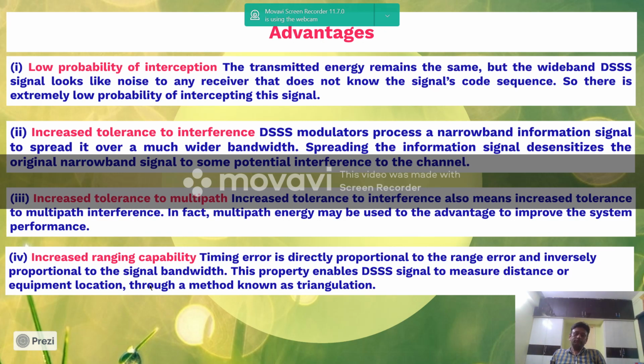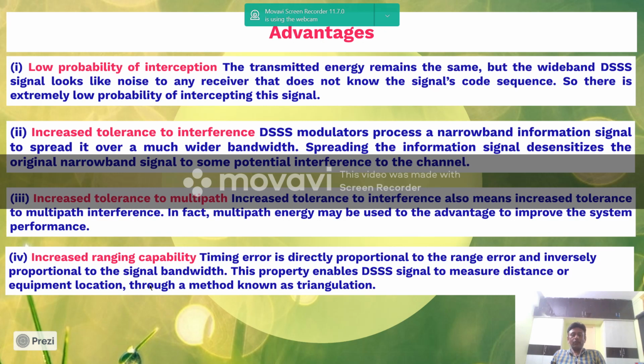And the next advantage is increased ranging capability. Timing error is directly proportional to the range error and inversely proportional to the signal bandwidth. This property enables a direct sequence spread spectrum signal to measure distance or equipment location through a method known as triangulation. That means first we send a message and wait until it is received back. So we calculate the total duration of time from the transmission until reception.